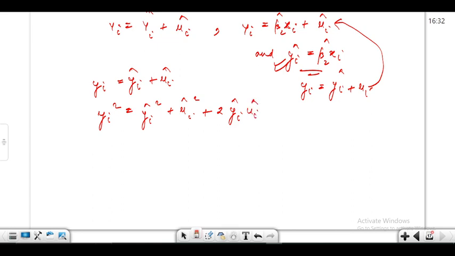If I sum both the sides, summation yi square equals summation yi hat square plus summation ui hat square plus 2 summation yi hat ui hat. One thing that I think I should explain before we move ahead, just give me a moment.